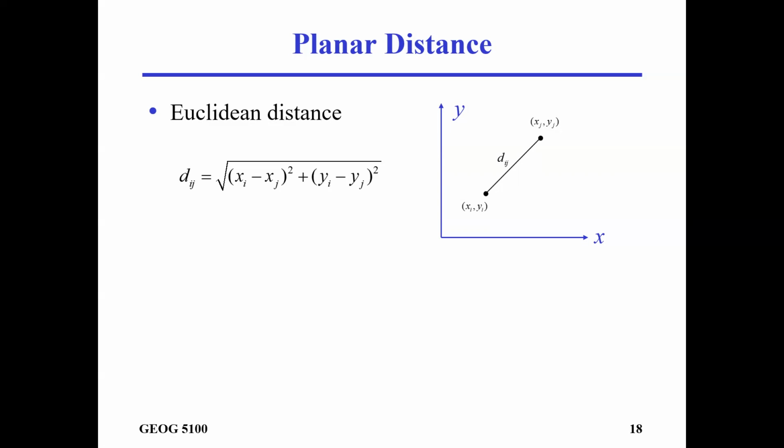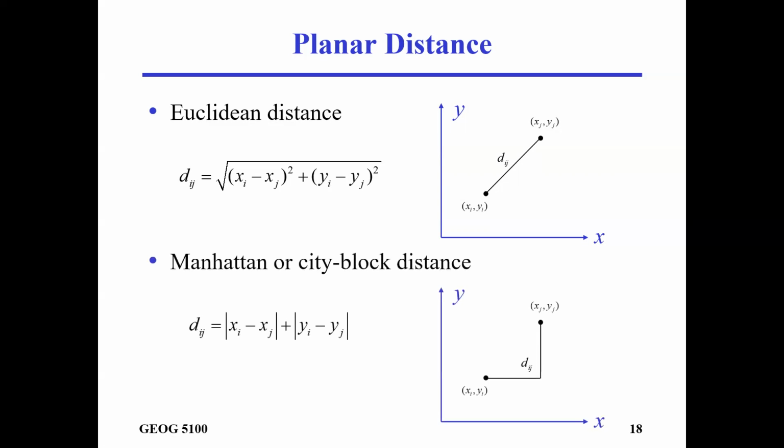I'm not going to go deep into purposes, but here I just want to mention a very simple, widely used non-Euclidean distance. It's called Manhattan or city block distance. We have exactly the same locations, dot i, dot j.